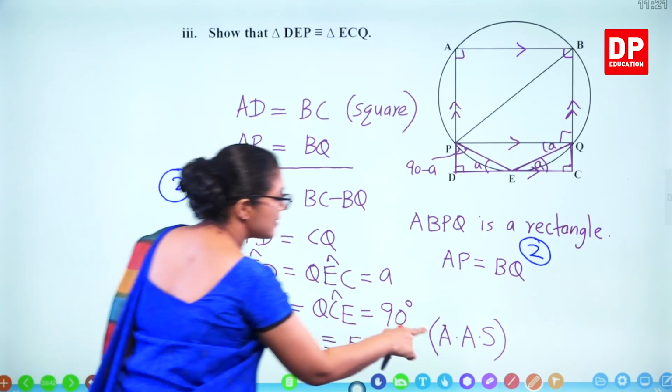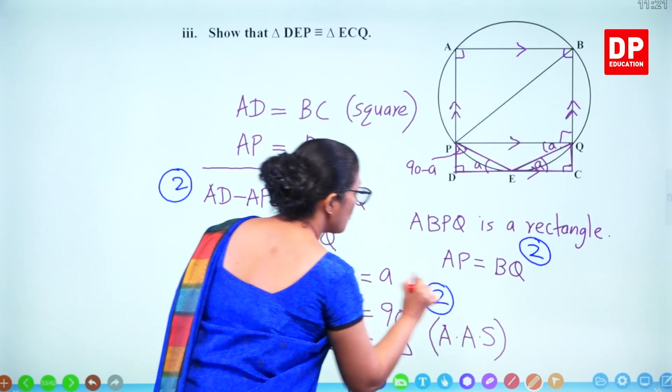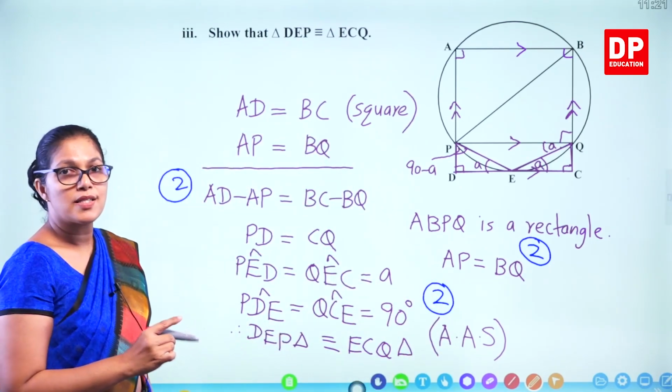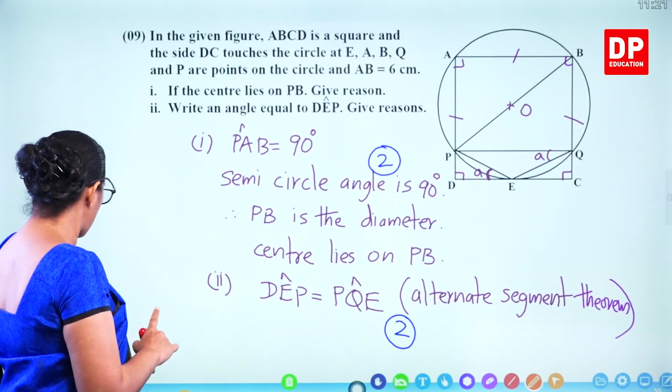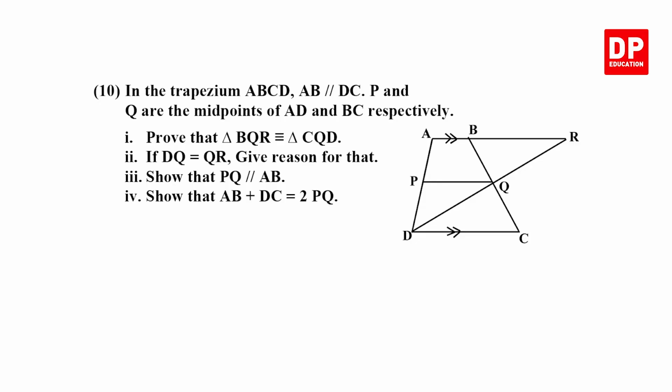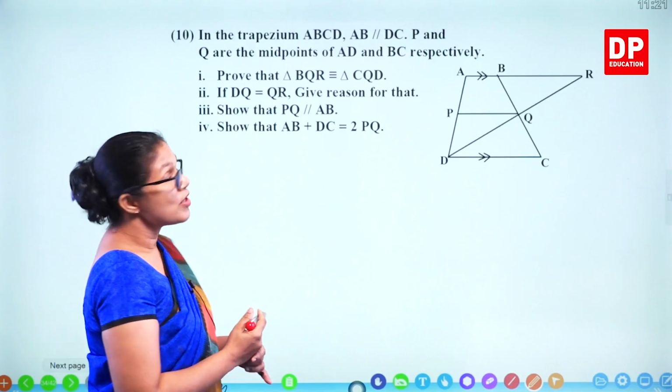And showing that this is AAS, you get 2 marks. So 6 marks for this part and 4 marks for the previous part. Now we can try question number 10.